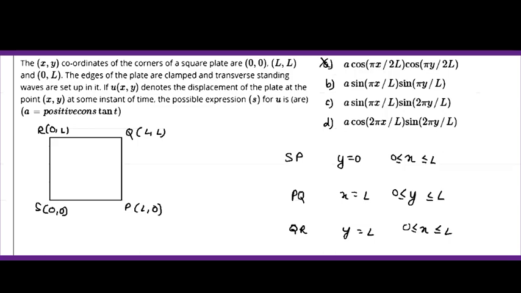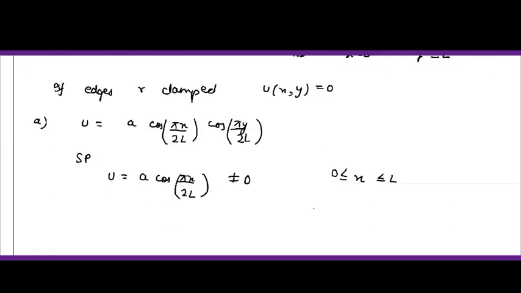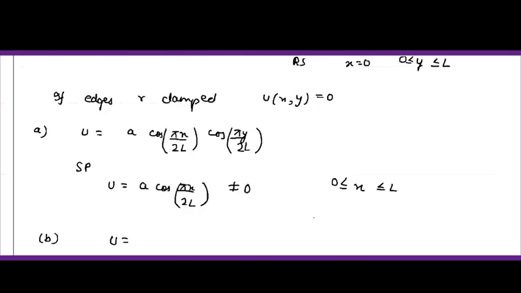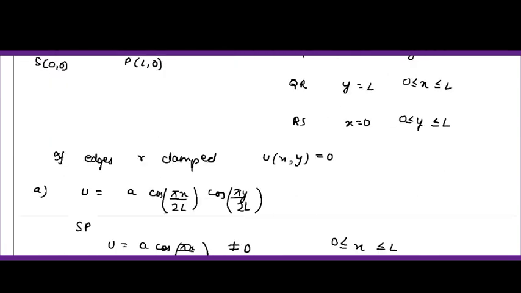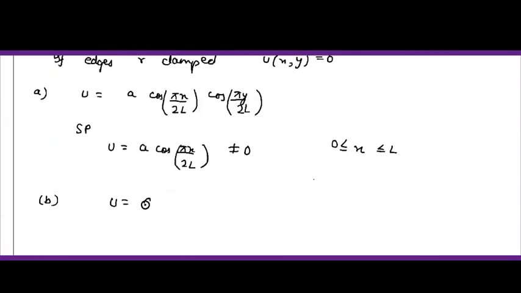Similarly, we check our B option. In the B option, it is given that u is A sin(pi x over L) sin(pi y over L).